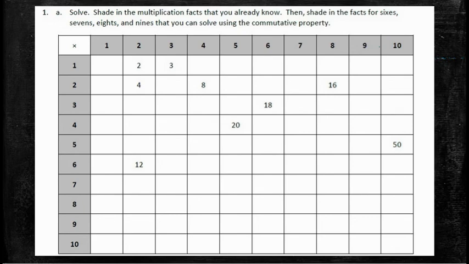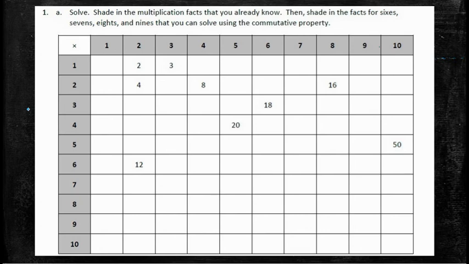Problem 1A on your problem set shows a multiplication chart. The shaded numbers along the left column and the top are factors. The numbers inside the chart are products. Each unshaded box represents or stands for the product of one multiplication fact.